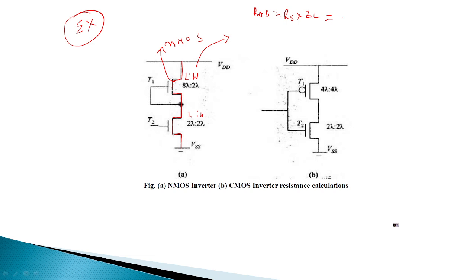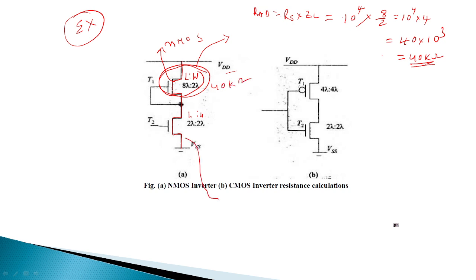So 10 power 4 ohms multiplied with ZL, length by width, given as 8 by 2. That equals 10 power 4 into 4, which equals 40 into 10 cube, therefore 40 kilo ohm. This is the top transistor, and internally it has 40 kilo ohm resistance.